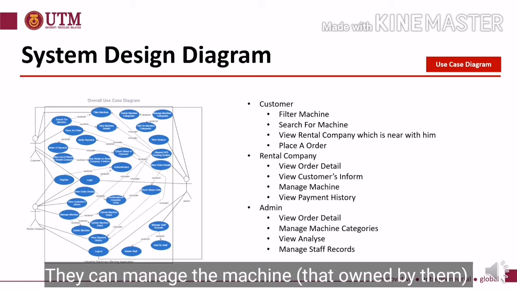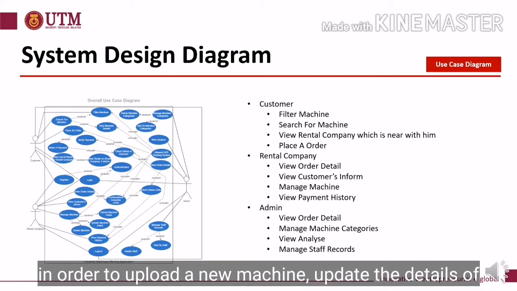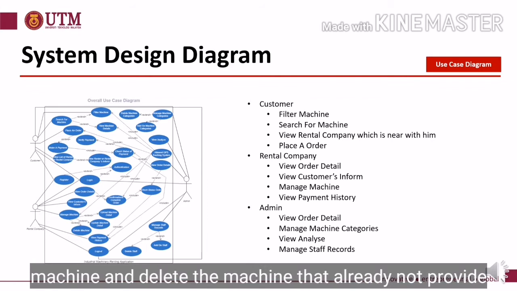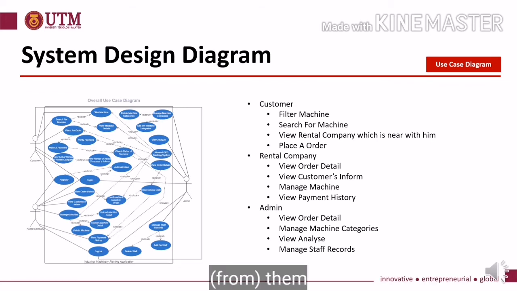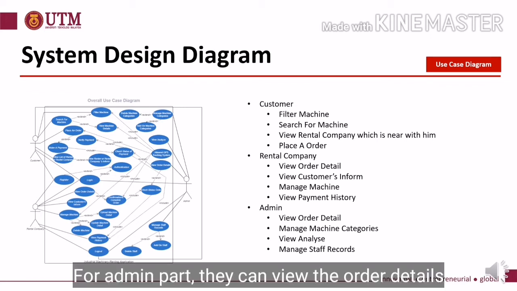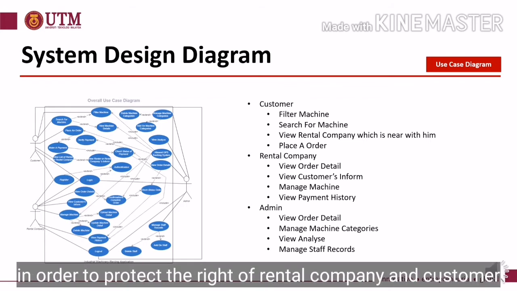They also can manage the machines in order to upload new machines, update the details of machines, and delete the machines they already provided. For the admin part, they can view the order detail in order to protect the rights of customer and rental company.